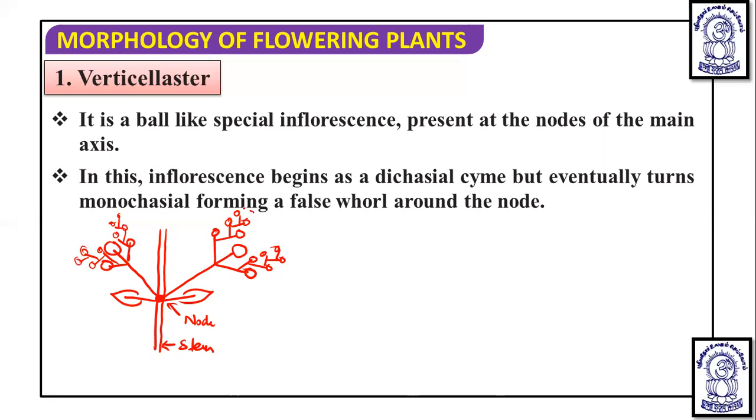So you can see this is the part which is showing a scorpioid arrangement. And this is the part which is showing a dicasial cyme.